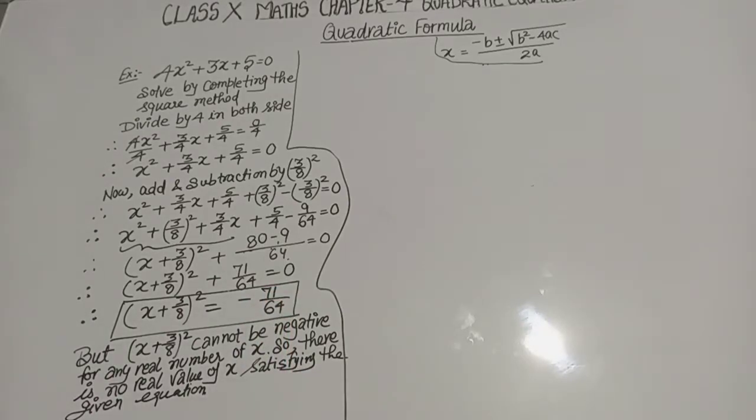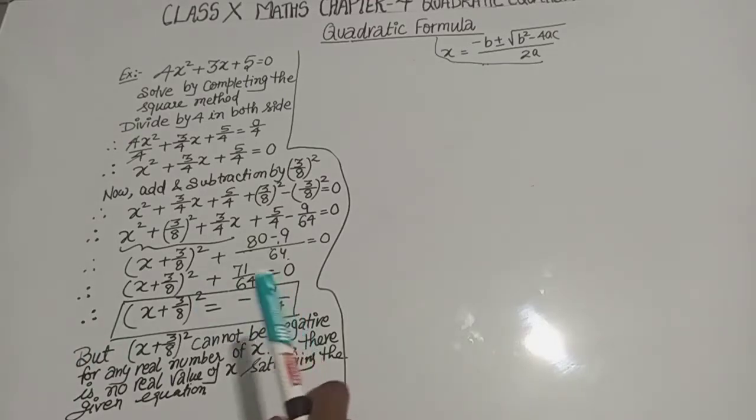And what we observe here is that the square of any number is never negative. Just like 1 square is 1, 2 square is 4, 3 square is 9. When we square any number, we always get a positive value, but here it is negative.